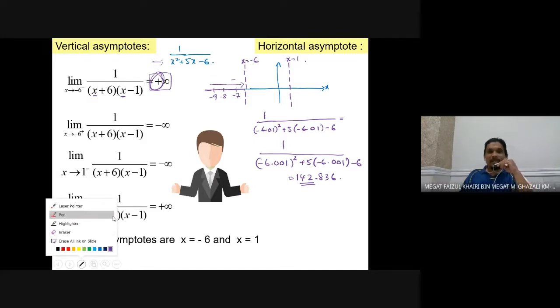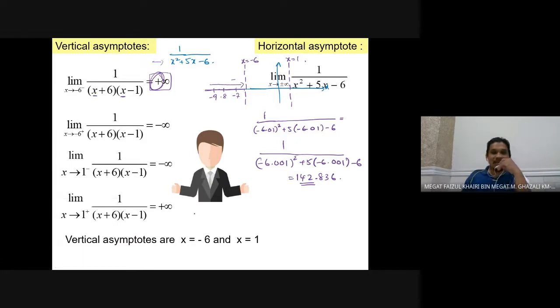Okay, class. Actually, in your real examination, we just like to see the sign of positive infinity and negative infinity. This calculation that you make is for other papers. For other topics, you will substitute the value of x and make a calculation, expand, simplify until you get the final answer.